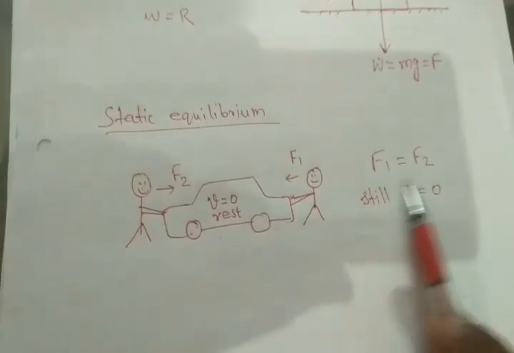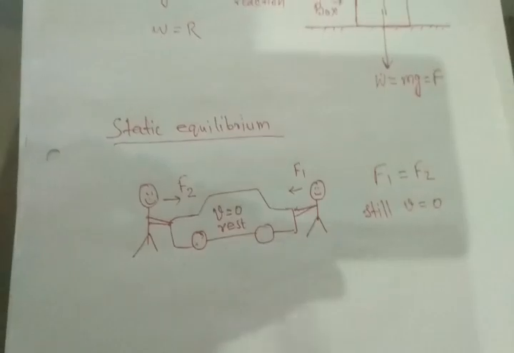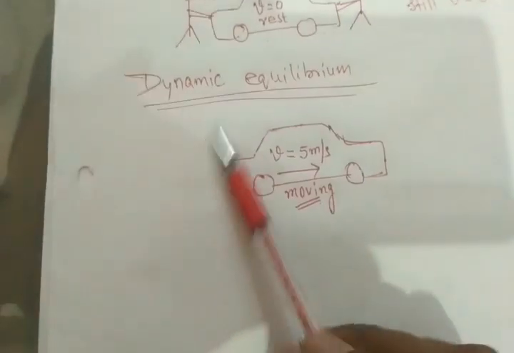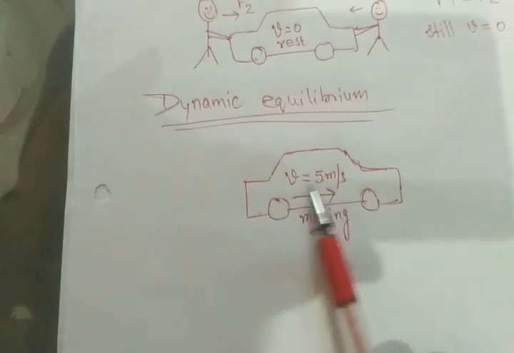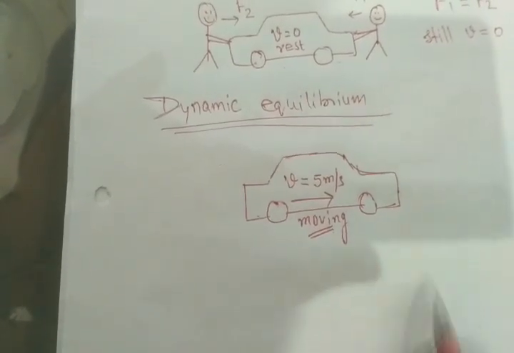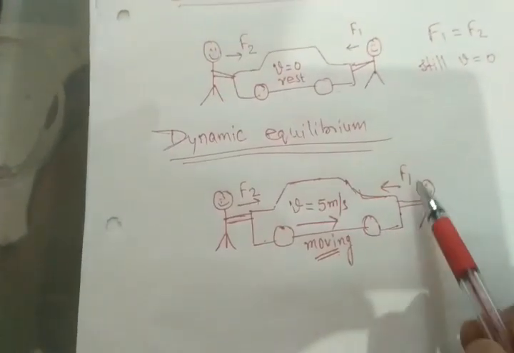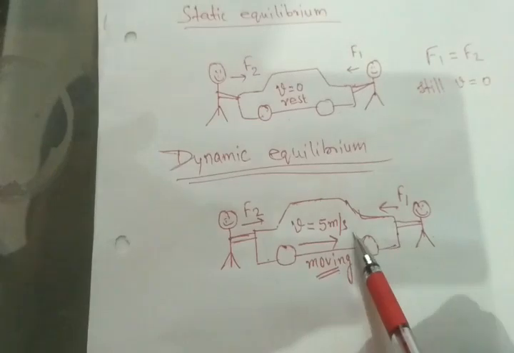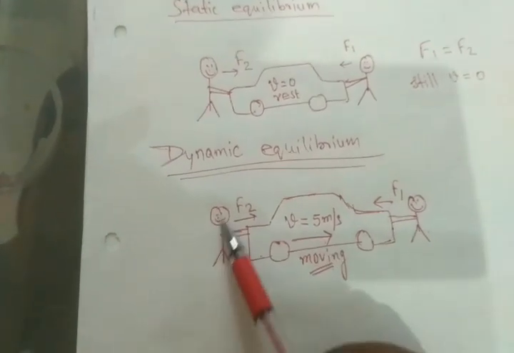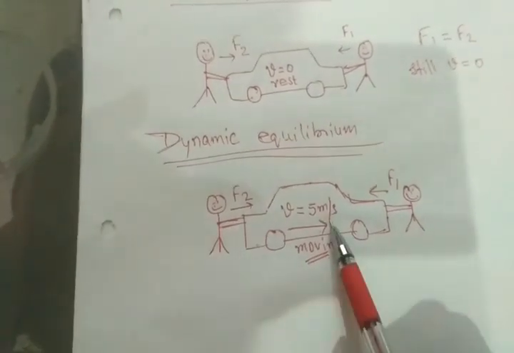It means that after this, the velocity is still 0. And now dynamic equilibrium. Suppose this car is moving with a velocity of 5 meters per second in this direction, and of these two persons, this one is applying the force F1 in this direction opposite to the car, and this one is applying the force F2 in this direction.